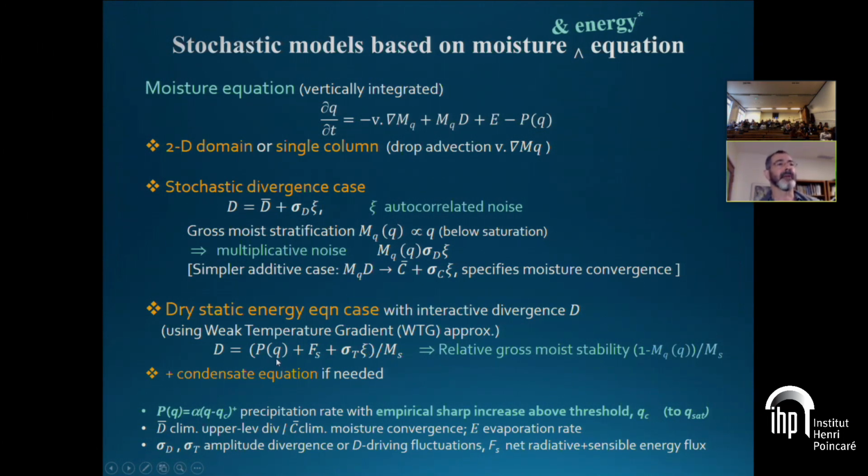So your divergence will have a feedback with the precipitation, and if you check about substituting this back into this equation, you'll see that precipitation arises twice, and it's going to end up multiplied by a term, there's a parenthesis slightly wrong here, but a term which involves the moisture stratification term relative to the dry stratification term, Ms. So that'll be a relative gross moisture stability, measuring the amount of net energy you get when you cancel the diabatic heating and the adiabatic cooling for a large scale uplift.